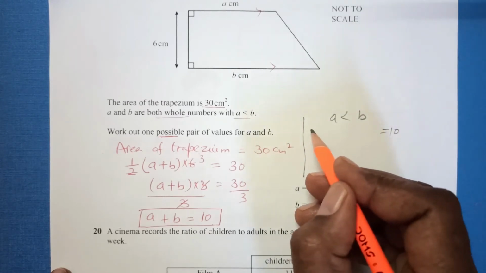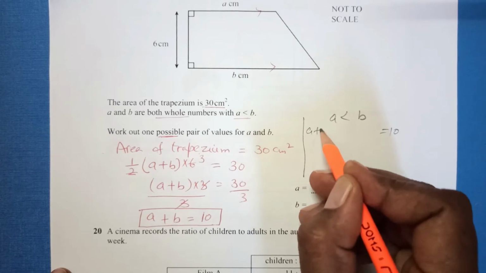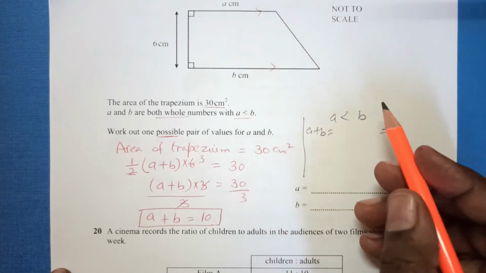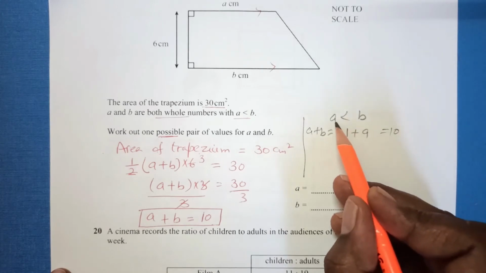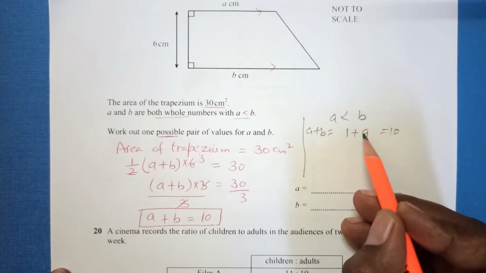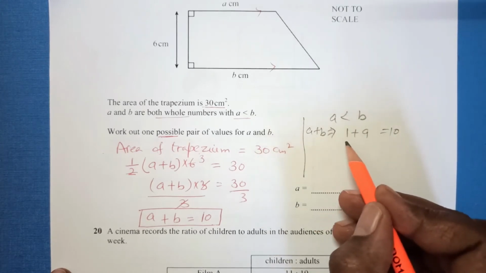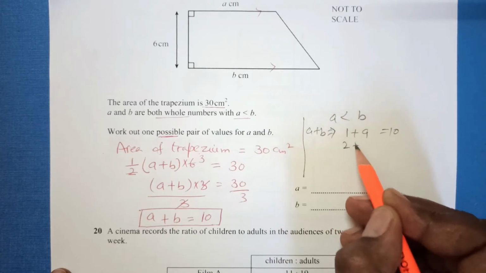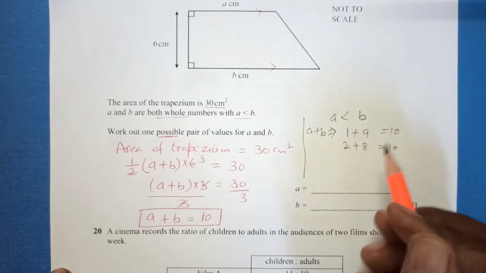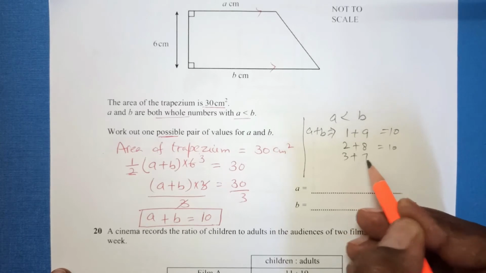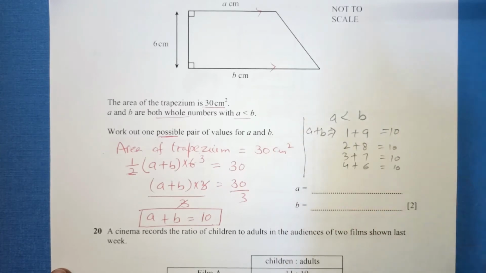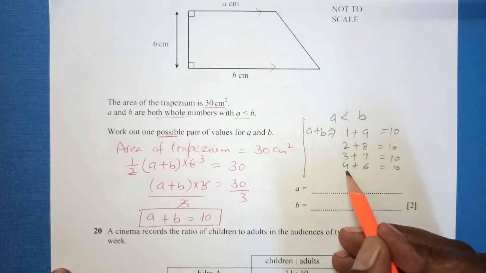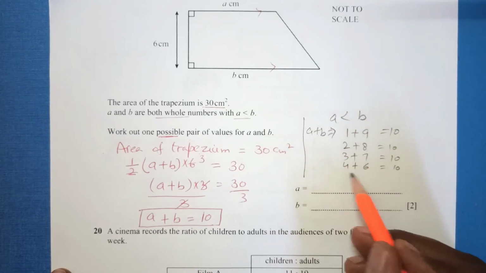So it may be 1 plus 9, 2 plus 8 which is also 10, 3 plus 7, and 4 plus 6. We cannot take 5 plus 5, because then A and B would be equal.